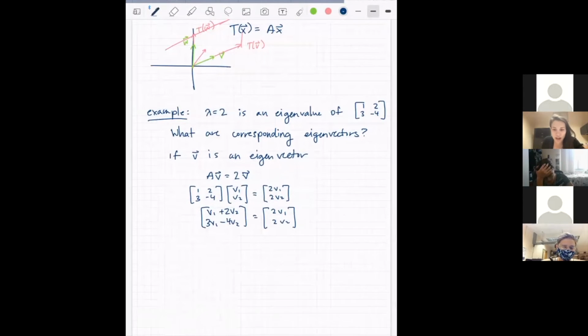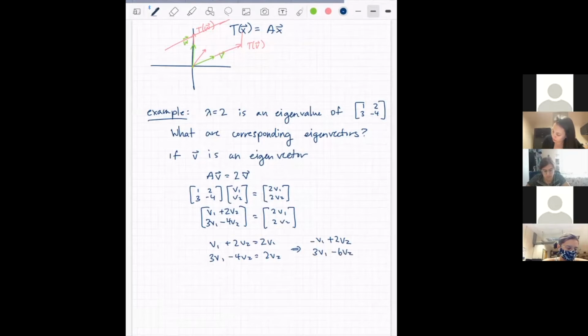So we just actually have an equation. If v is an eigenvector, then v1 plus 2v2 equals 2v1, and 3v1 minus 4v2 equals 2v2. Then we can move these to the other side: negative v1 plus 2v2, and 3v1 minus 6v2, both equal to 0.